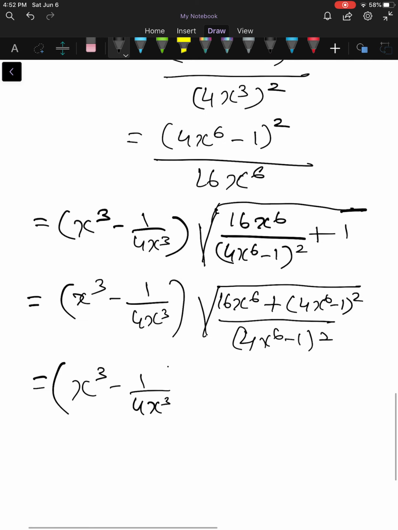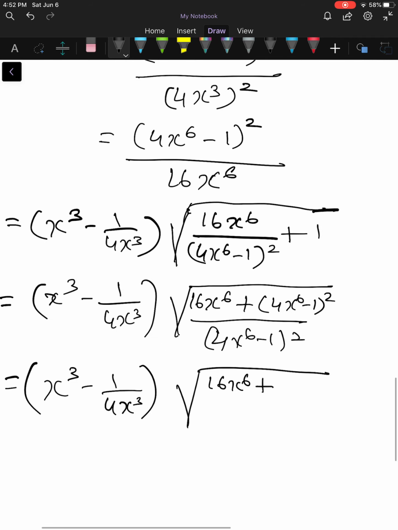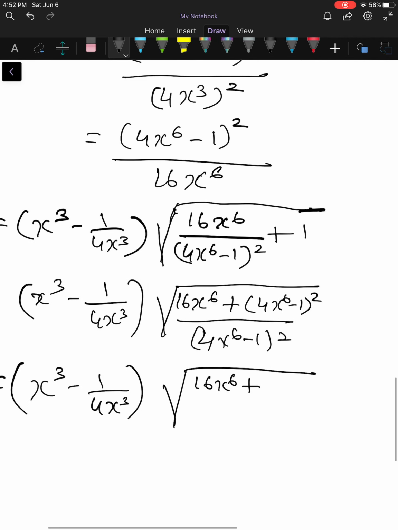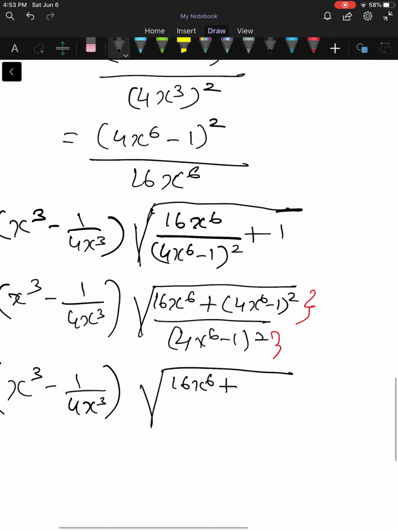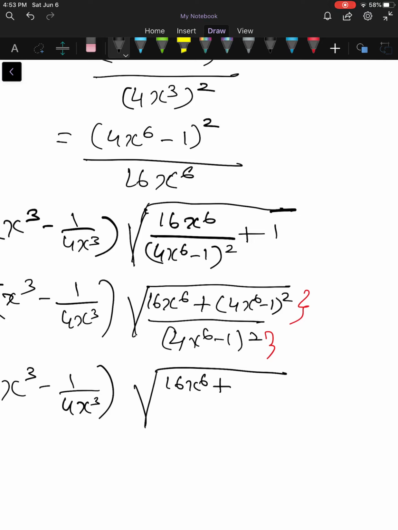Now further simplifying, expand your square part inside the square root. So that would be 16x⁶ plus, which is the formula that you are going to apply to simplify this and this. It is nothing but (a - b)². I won't do the denominator, I'll do just the numerator.